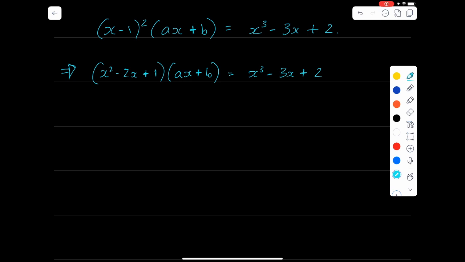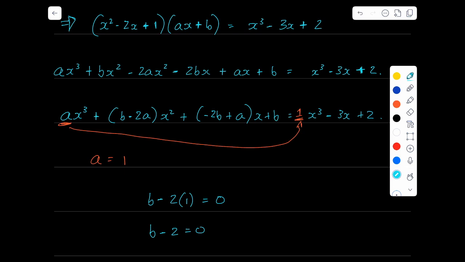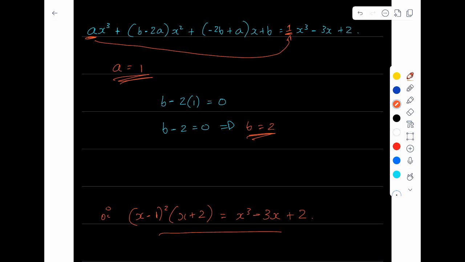From here, we can factorize and equate, which gives a as 1 and b minus 2 equal to 0, because there's 0 x squareds available. Therefore, b equals 2. And so putting this all together, we get x minus 1 squared times x plus 2 is equal to x cubed minus 3x plus 2.